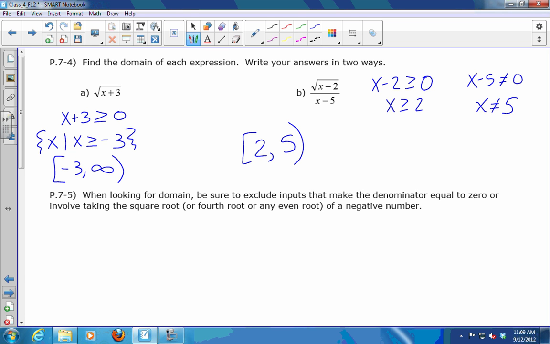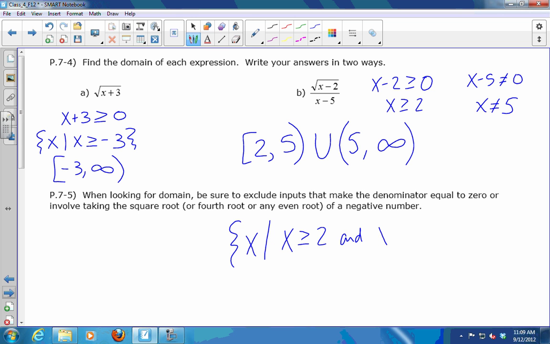And I indicate skipping over the 5 by marrying it to another set that starts at 5 but doesn't include it and goes to infinity. In set builder, I would do the set of all x such that x is bigger than or equal to 2 and x is not 5.